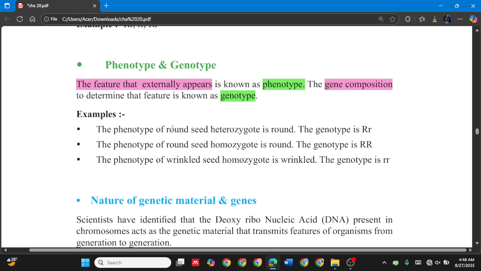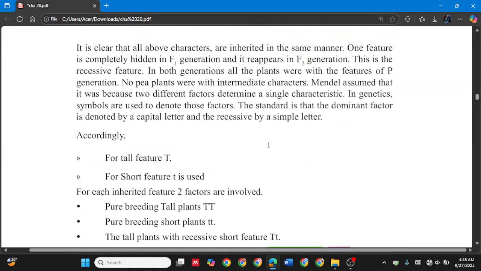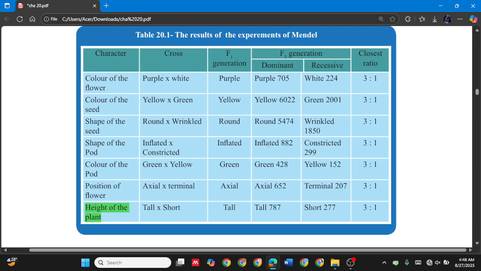It's a heterozygote, okay? Round seed. Is round dominant or not? See here, the shape of the seed, round and wrinkled, 3:1 ratio. Round is the dominant, so wrinkled is the recessive.